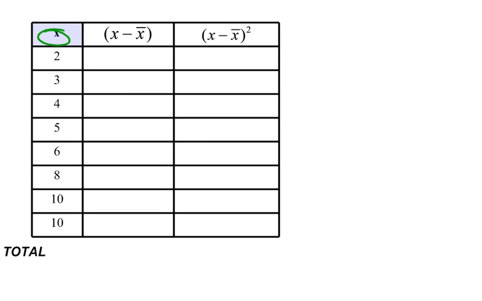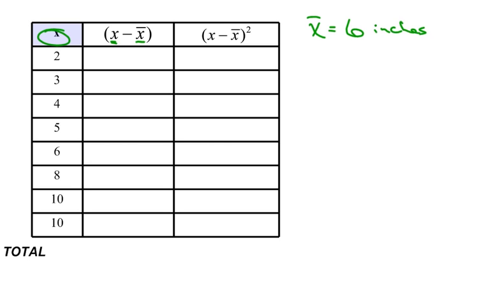So what I have in this next column is each item minus the mean. We'll remember in the last frame we decided that x bar was equal to 6. That's our mean of 6 inches.